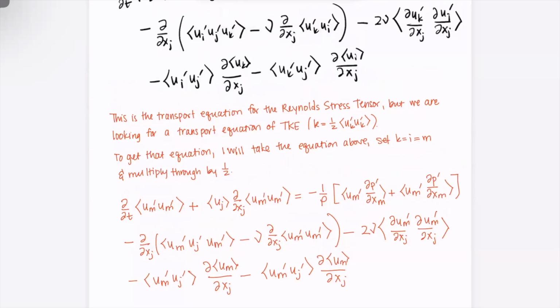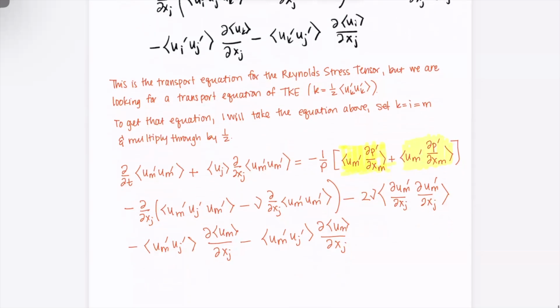Okay, so we are going to make a couple of observations here. So these terms are the same, so I pick up a 2 out front for these. And then these terms are also the same, so I can combine them.